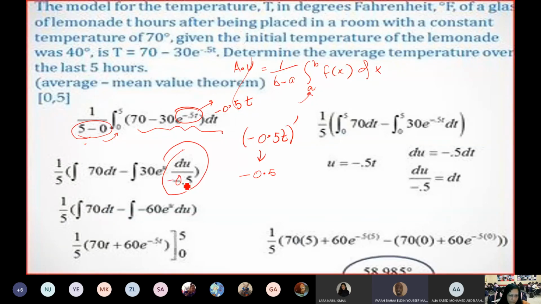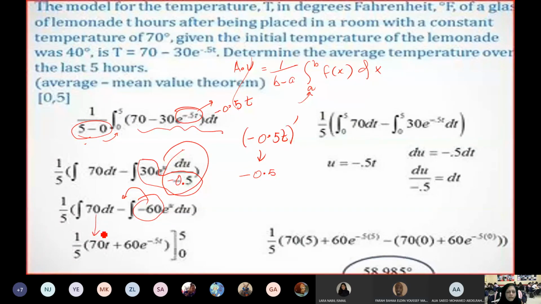Next, we solve it. 30 divided by negative 0.5 is negative 60. And then we integrate using the fundamental theorem part 1, from 0 to 5. We replace with 5 one time and with 0 one time and put it in the calculator to get the final answer.